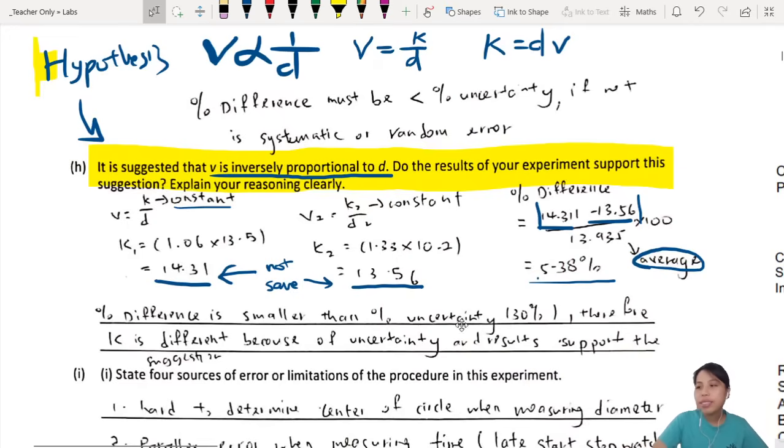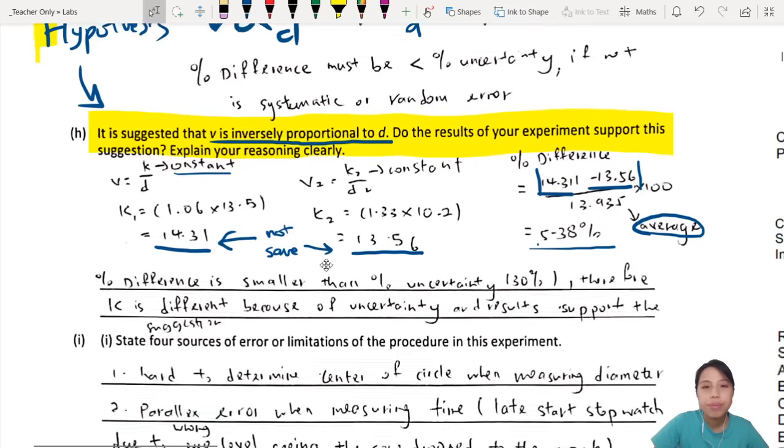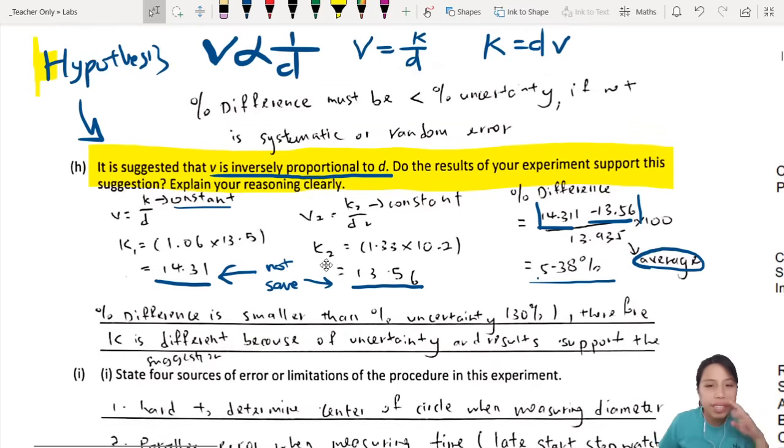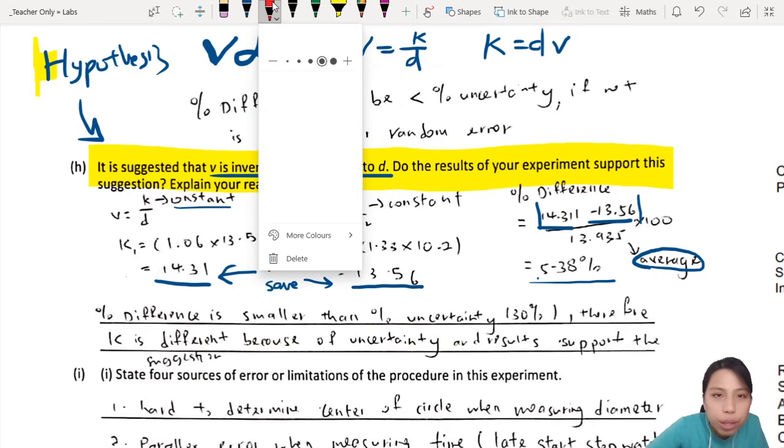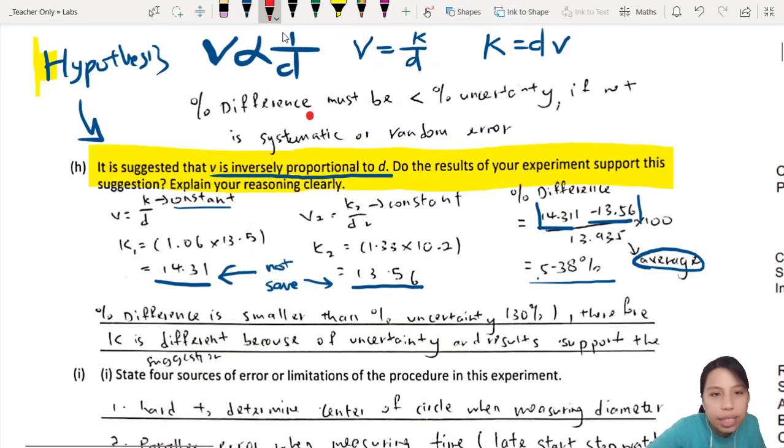Let's see what this student wrote here. A bit of a mess, a bit crowded, lah, but okay, I can read. So here this student made a conclusion on top already, kind of sketching. This student said, the percentage difference must be smaller than percentage uncertainty if not systematic at all. Okay, never mind.